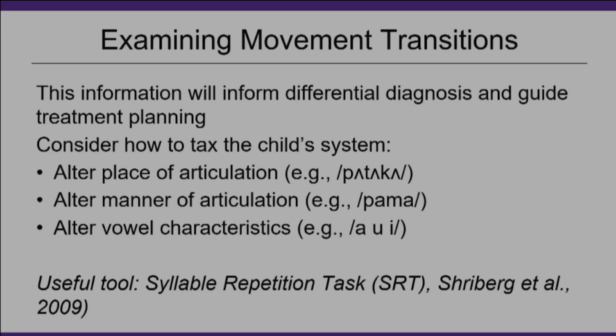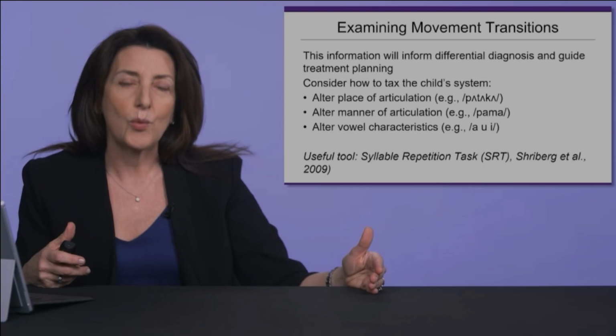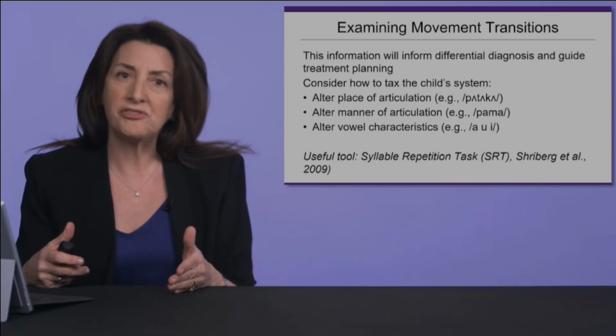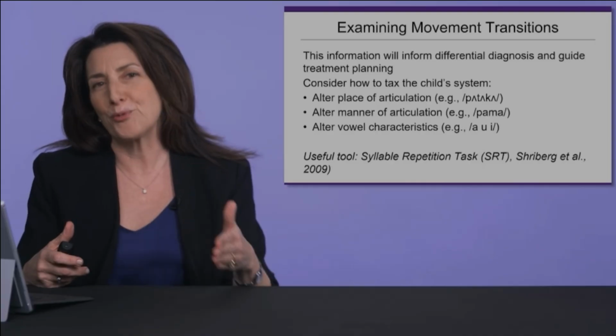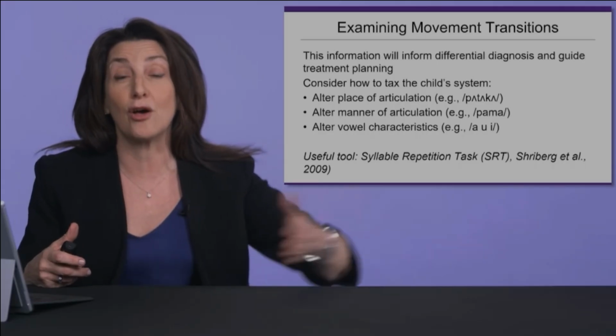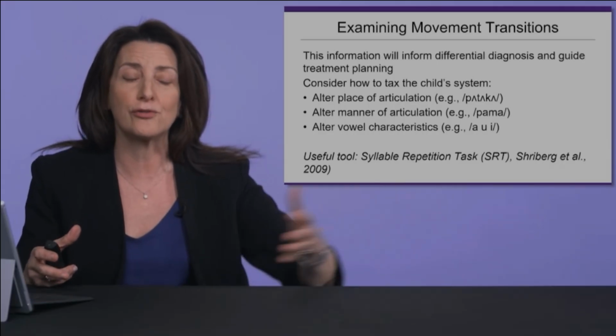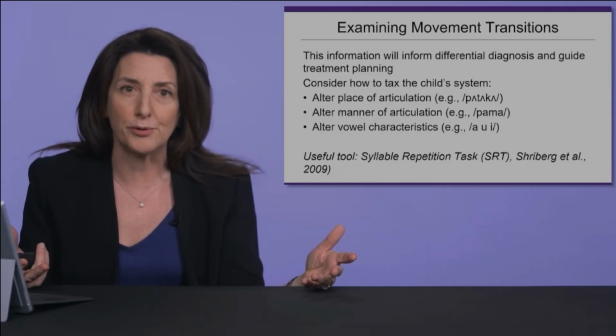They might produce single syllable words, simple CVs with a couple of phonemes. When we ask them to produce a range of speaking tasks, like the SRT, where there are simple phonemes combined with the same vowel, they're going to be asked to string syllables along until they get to be longer and longer strings. That's taxing the child to go beyond a single syllable production.